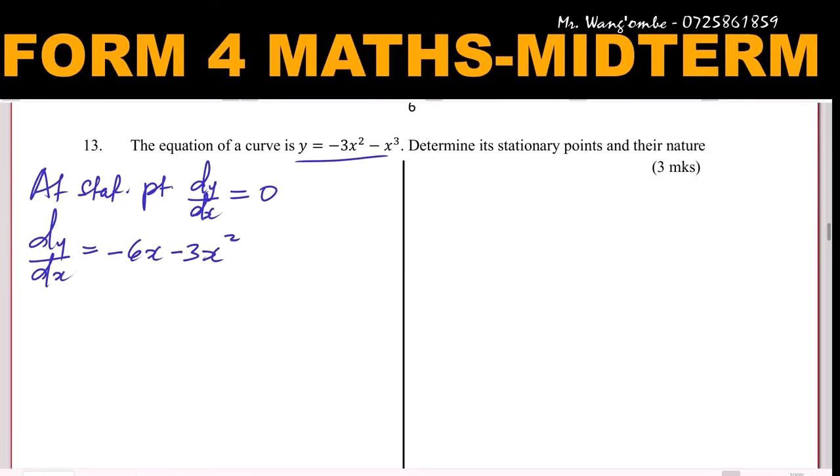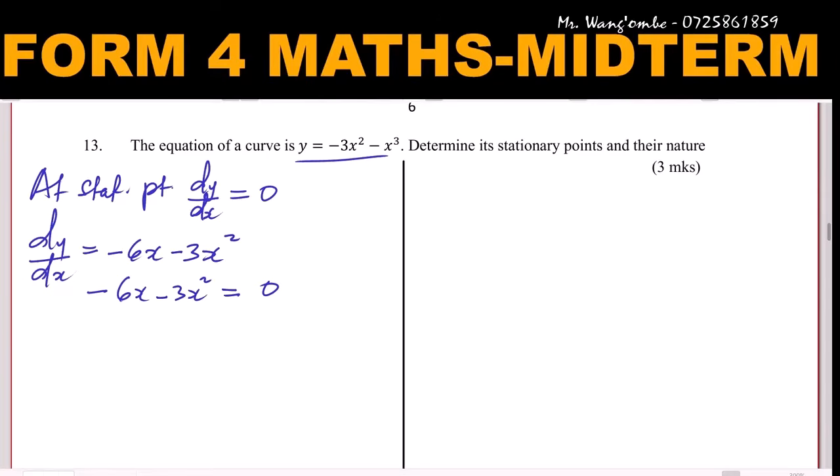So that is the gradient function. And you say that at a stationary point, the gradient function will be 0. Remember, this is what gives the gradient. This is the gradient function, and you're going to equate it to 0 at a stationary point. So we have negative 6x minus 3x squared equals 0. So you find the x values at which the gradient will be 0.